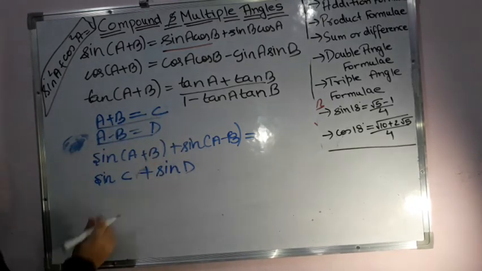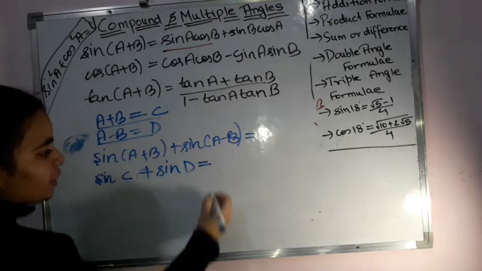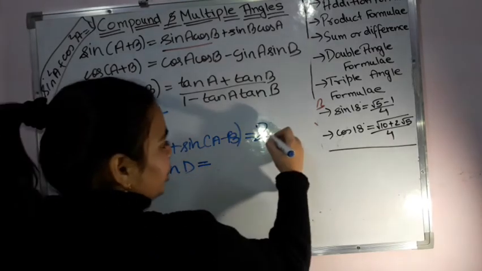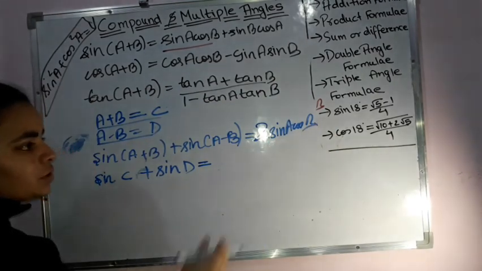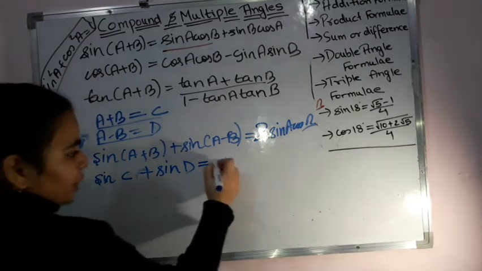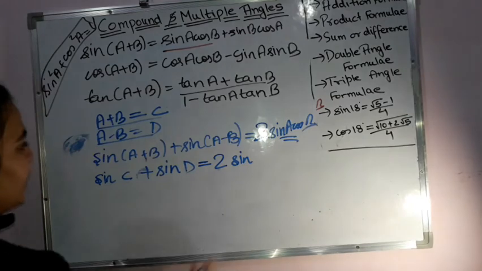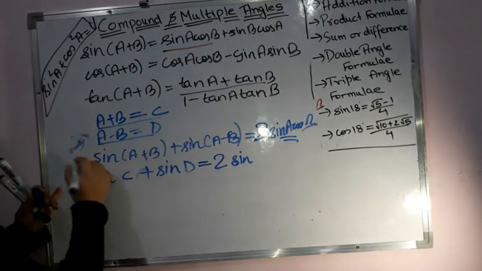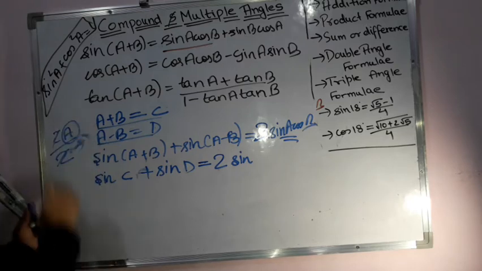From here, sine C plus sine D I have, right? And then this is equal to what? From the previous things that we have done, that was equal to 2 times sine A cos B, wasn't it? So in place of this A, how to get A? If I do A plus B plus A minus B, then what will I be getting? 2A, and 2A divided by 2, can I get A over here?